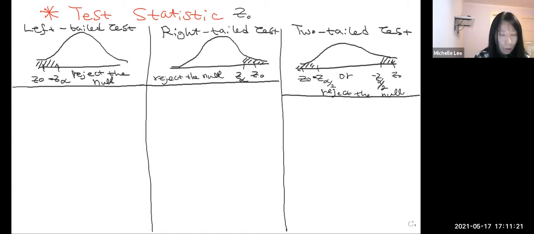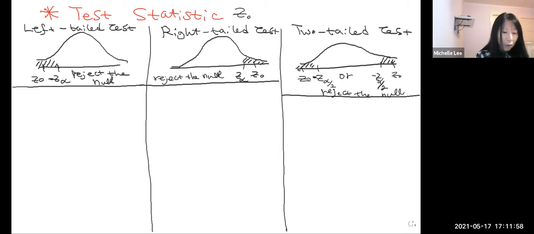So look, we have a normal distribution here, and if Z naught, which is the test statistic, is more to the left side than the negative z sub alpha, then we do reject the null hypothesis. I did not write down the hypothesis. So it's the left side, so we have negative z sub alpha.